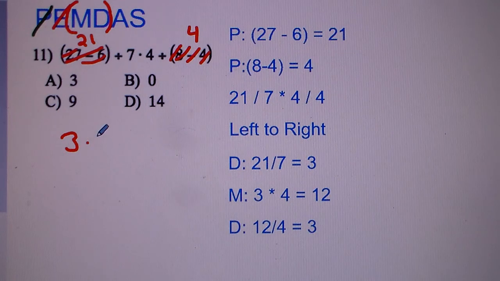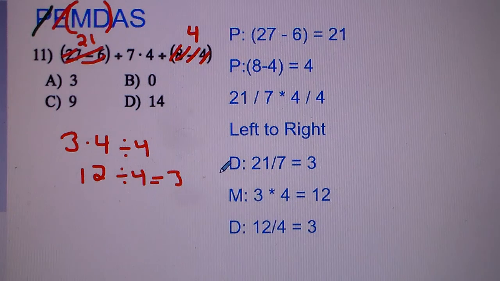So we're going to have 3 times 4 divided by 4. 3 times 4 is 12, and 12 divided by 4 gets us 3. And that's what I got over here.